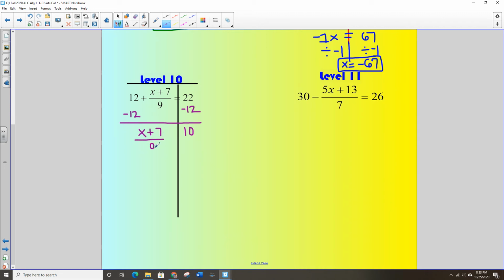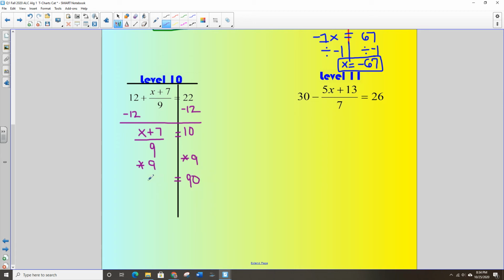Or are you going to take care of the divided by 9 first? The correct answer is you'll take care of the divided by 9 first. How are you going to undo that divided by 9? Times 9. 10 times 9 is, hopefully you said 90.